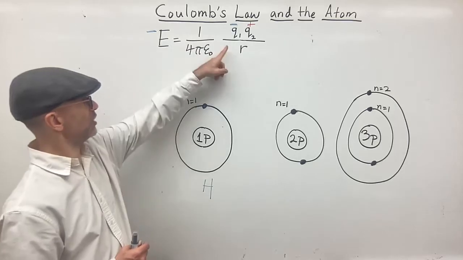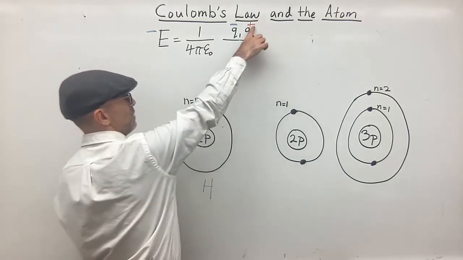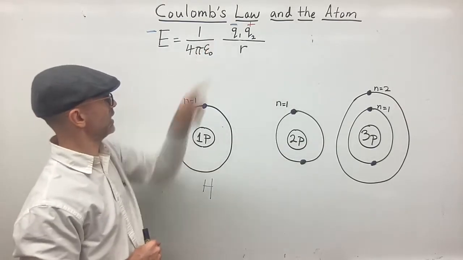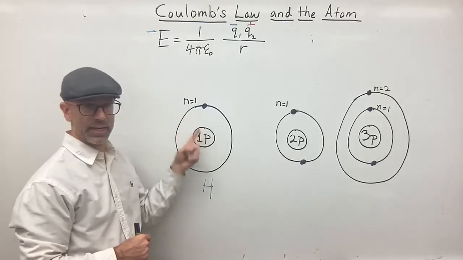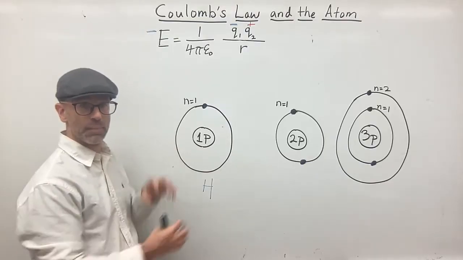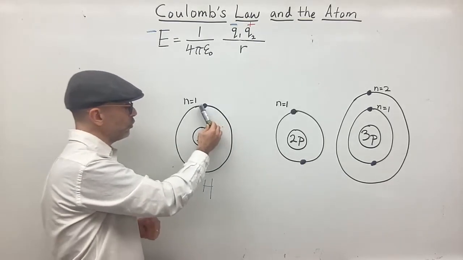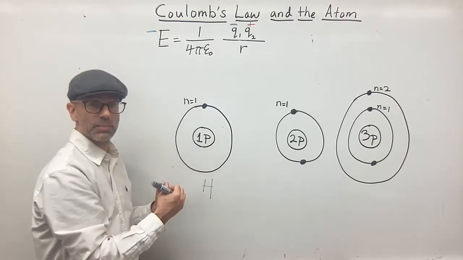We can think of that as Q1, or in this case, we can say Q2 is the positive nucleus and Q1 is the negative electron. And so here we would expect an attractive force. So an attraction between those two. And so being as close as the electron can to the nucleus would be the lowest possible energy.